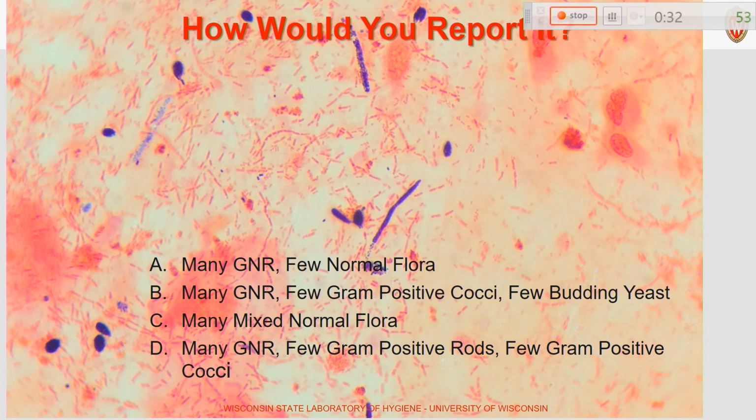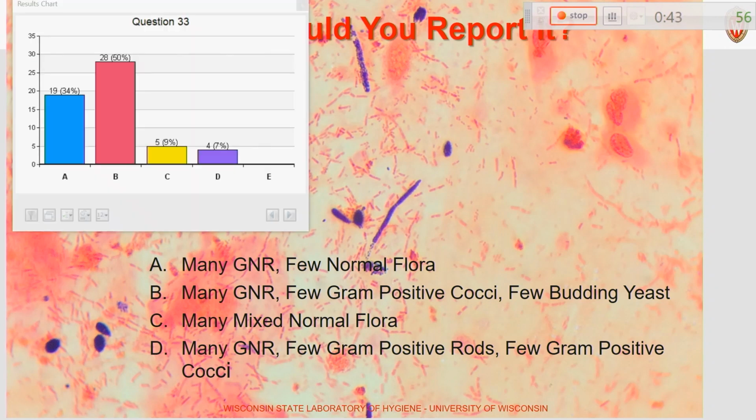I'm not going to say that there's a right or wrong answer here. This was just a temperature of the room to see how people are reporting if they're grouping things. So, kind of an even split. A number of people said many GNRs with few normoflora, and the most responses had many GNRs, few gram-positive cocci, and few budding yeast. So again, I wouldn't say there's specifically a right or wrong.